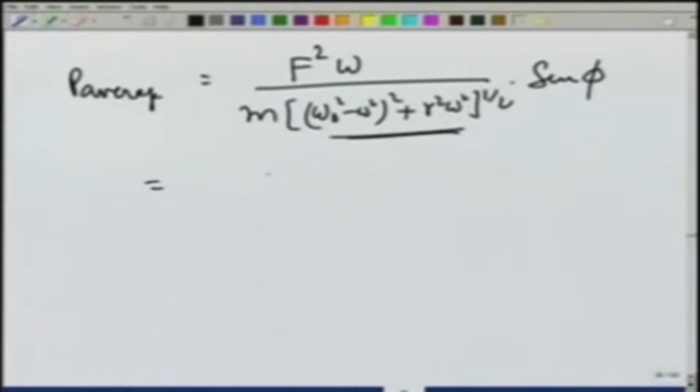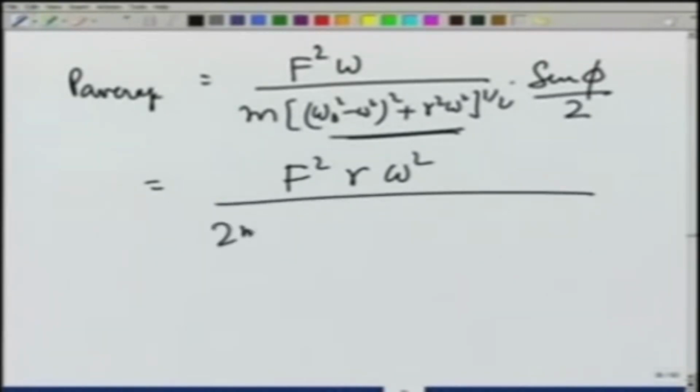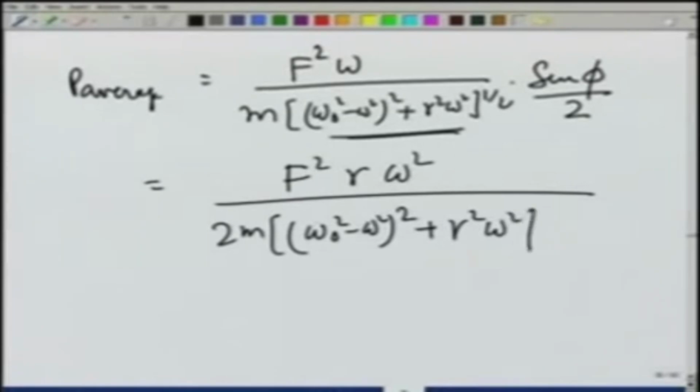Therefore, this comes out to be f square gamma omega square, 1/2 because of cosine square omega t being averaged, divided by 2m times omega naught square minus omega square plus gamma square omega square, which is exactly the same as we obtained earlier by calculating the power being lost.